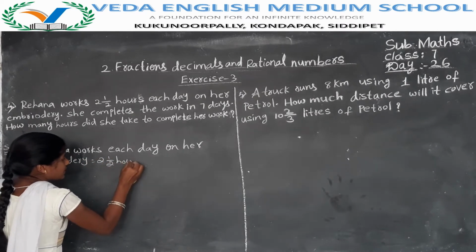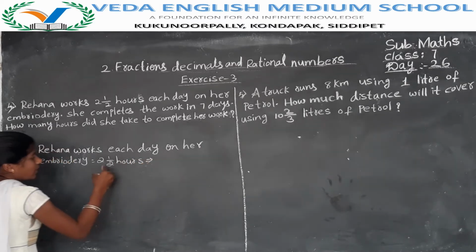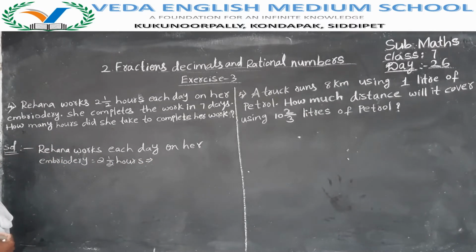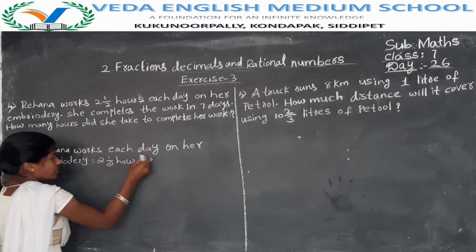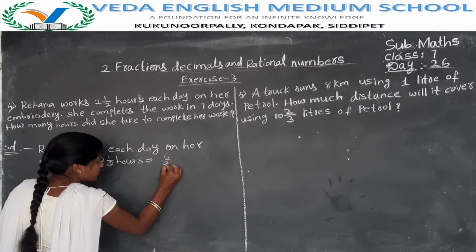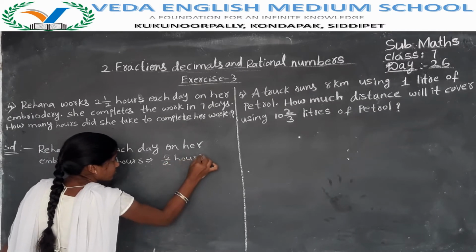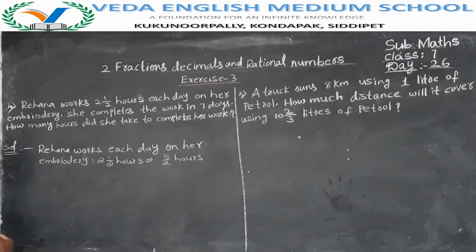Now it is a mixed fraction. We can convert this mixed fraction into an improper fraction by multiplying: 2 2s are 4, 4 plus 1 is 5. Now it is 5 by 2 hours. The conversion form of 2 1 by 2 is 5 by 2 hours.